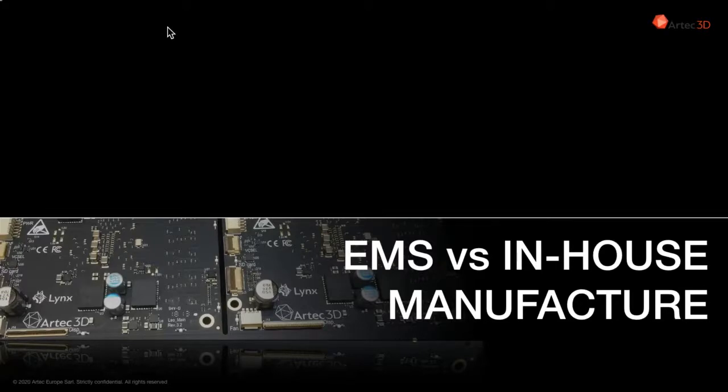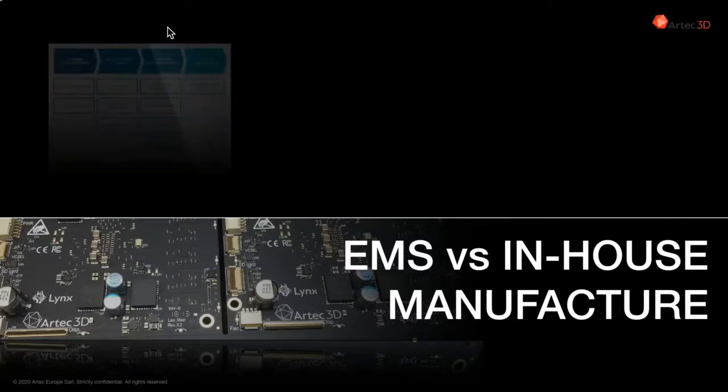I'm responsible for the electronic design and all the hardware design and process engineering at Artec. Today, I would be happy to share my experience of how to build an in-house manufacturer for a PCB assembly line and some trade-offs and challenges you may have on this way.